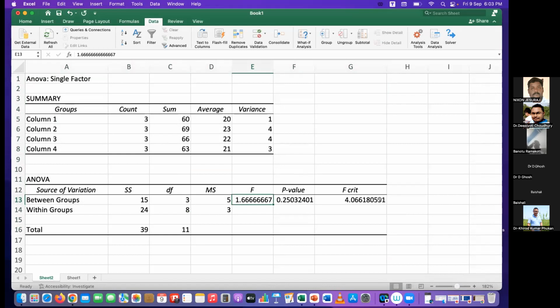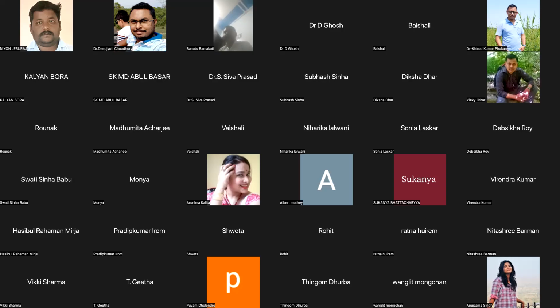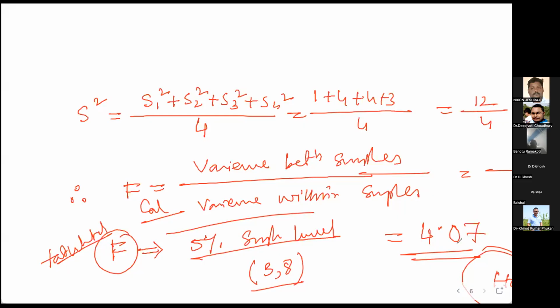Now the critical value of F, we have seen, was calculated as 4.067, that is, the tabulated value of F. Basically we would like to see 4.07.